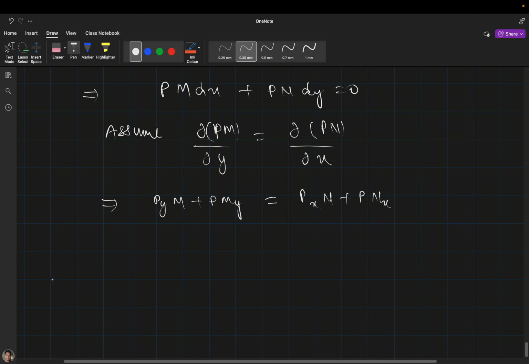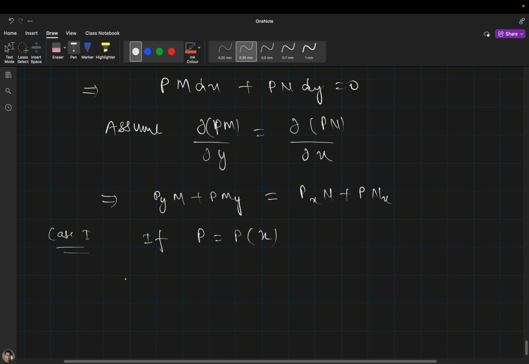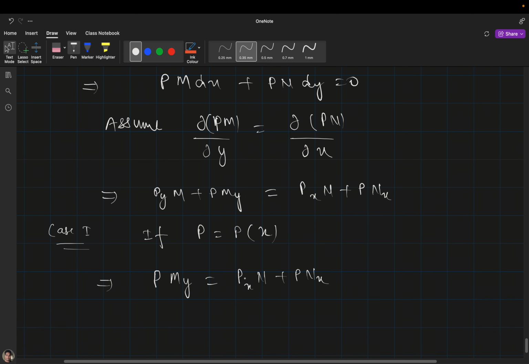Now we have two different cases. Case 1: if P is only a function of x. If I am assuming that our integrating factor is just a function of x, then what will happen? This term will be 0. Then I will write P My equal to Px N plus P Nx.